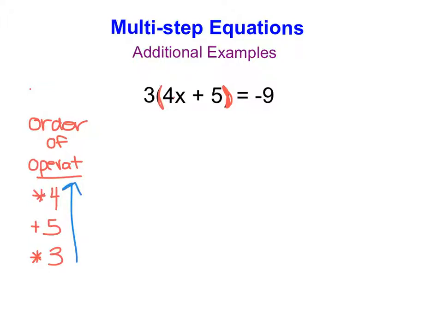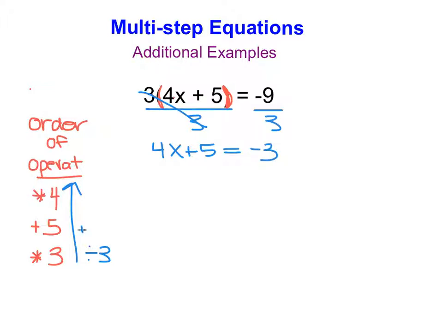In order to undo the multiplication of 3, I need to divide both sides by 3. So those are undone. I'm then left with 4x plus 5 is equal to a negative 3. I then need to undo the positive 5, which I can undo by adding a negative 5 or subtracting 5 from each side.